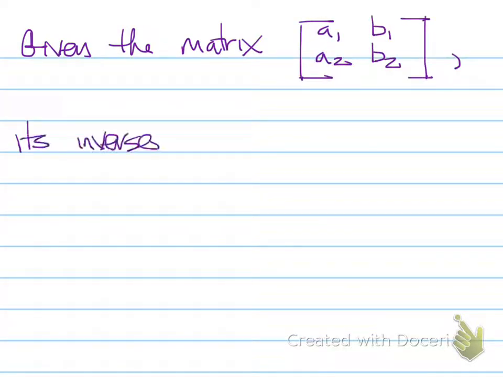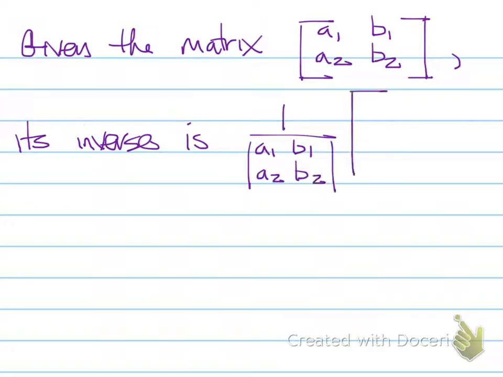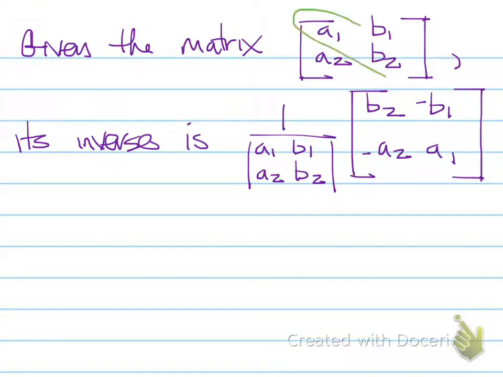So given the following matrix, its inverse can be written as follows. 1 over the determinant of that matrix times B2, negative B1, negative A2, A1.